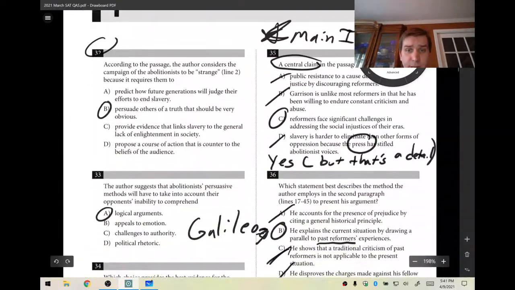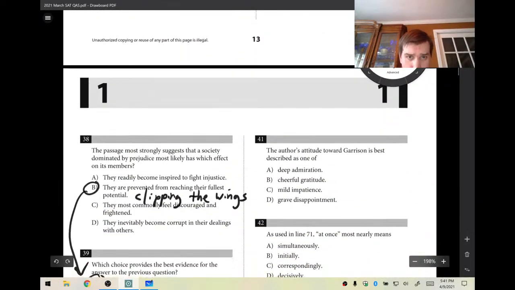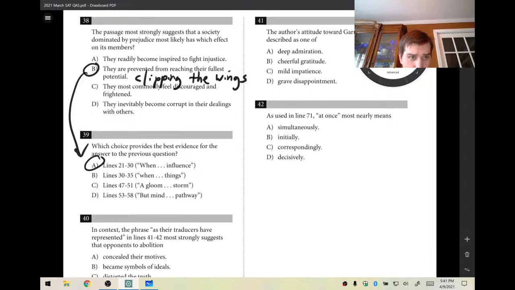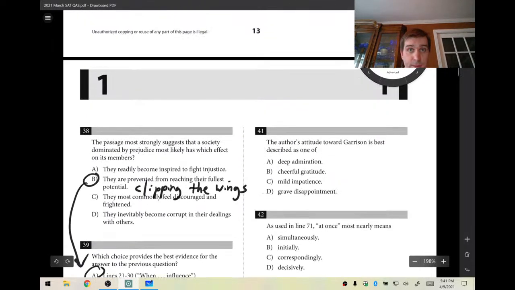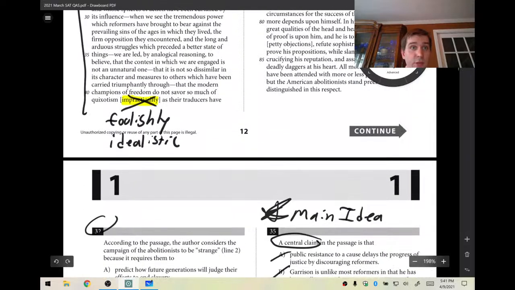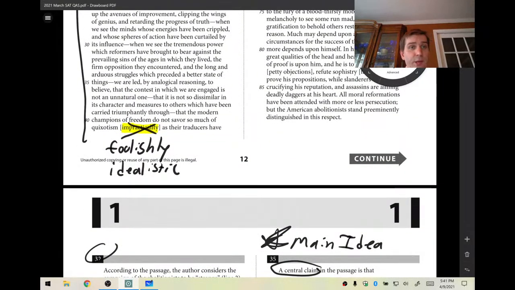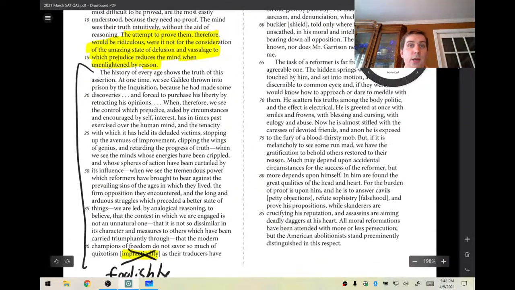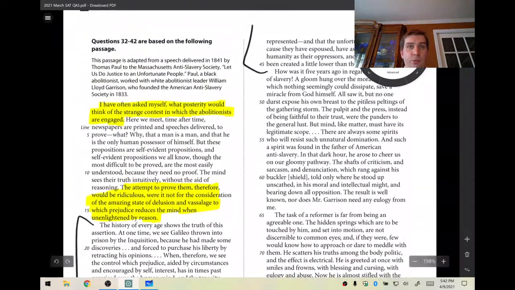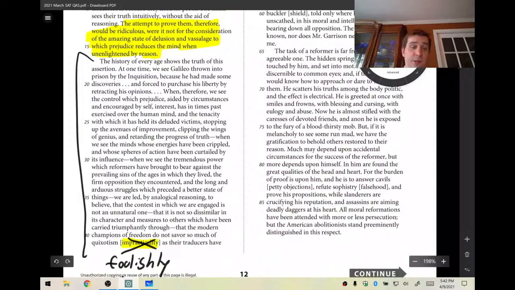So what does the passage say? As their traducers have represented, this suggests that the opponents of abolition distort the truth. So it's not that the abolitionists are quixotic. The anti-abolitionists are distorting the truth for their own purposes, for the purposes of prejudice.